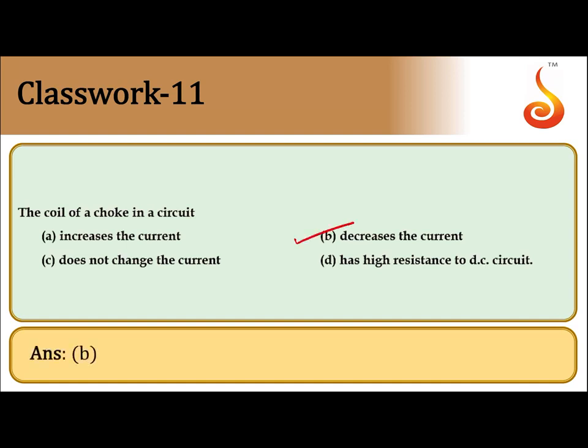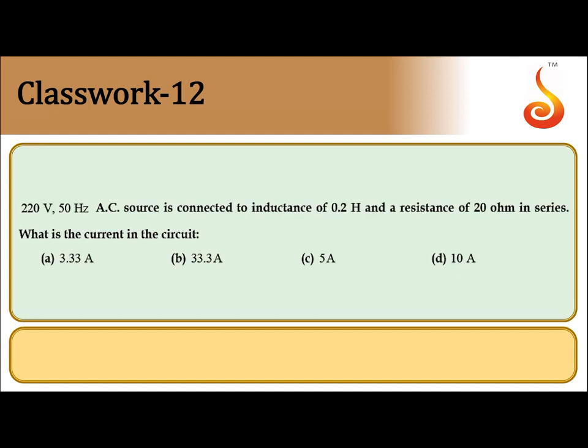Example 12. A 220 volt 50 hertz AC source is connected to an inductance of 0.2 Henry and a resistance of 20 ohm in series. What is the current in the circuit? Simple thing. The current in the circuit is given by E naught divided by Z, where Z is nothing but square root of R square plus (XL minus XC) whole square.